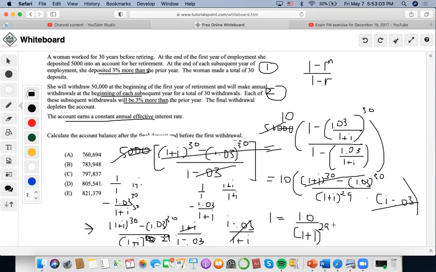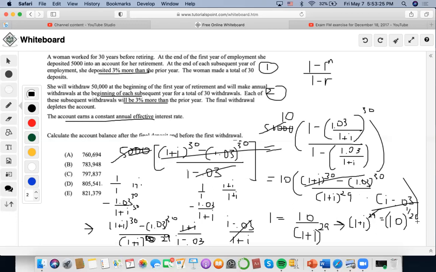So then 1 plus I to the 29 equals 10. Now let's get rid of the 29.